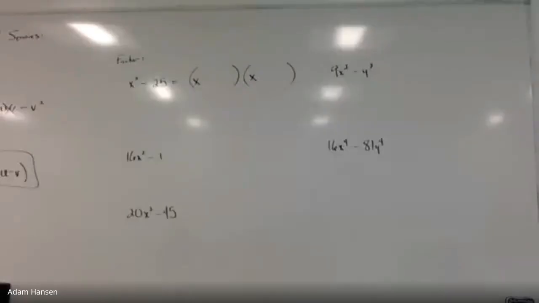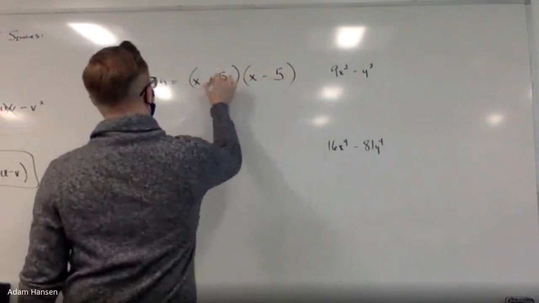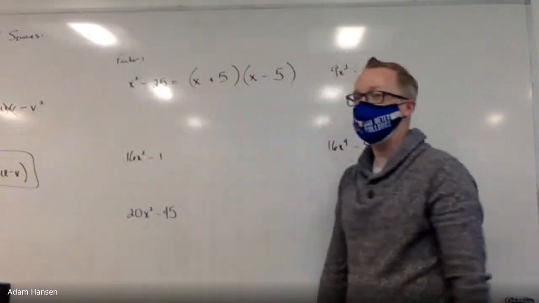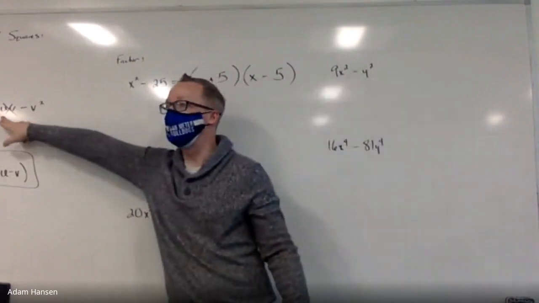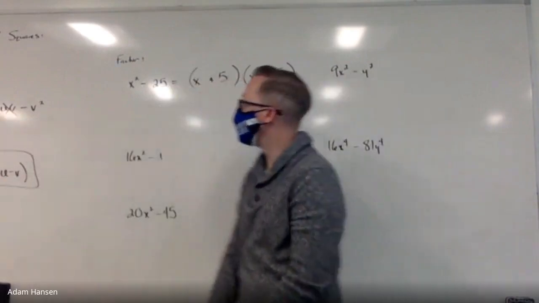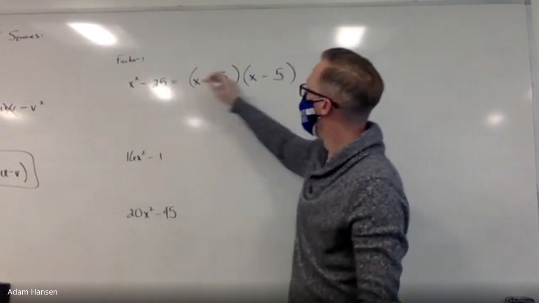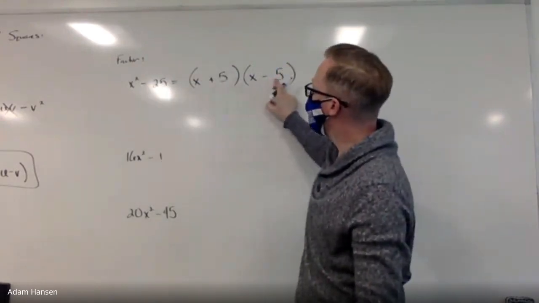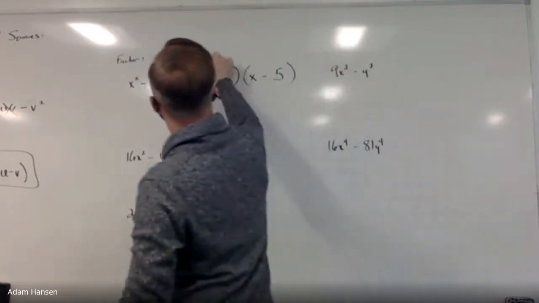What times what is 25? 5. One of them has to be negative, one of them has to be positive, right? Because if they weren't different signs, would the two middle terms cancel out like they were supposed to here? No. Which is why it has to be a difference of two squares. One positive, one negative. So I multiply 5 times negative 5. Makes a negative 25 here, for example.